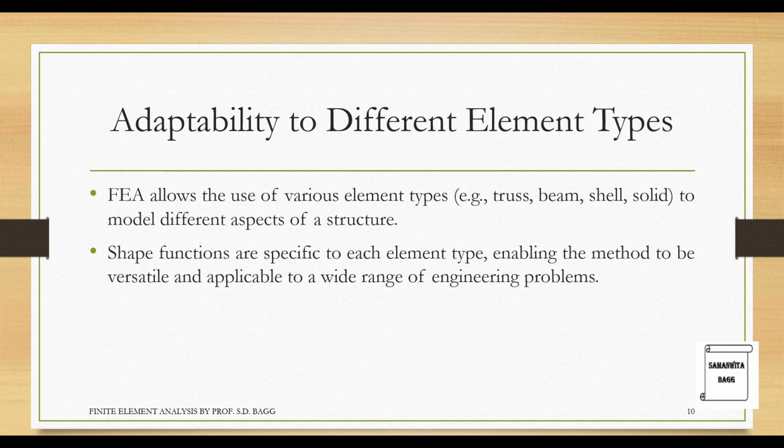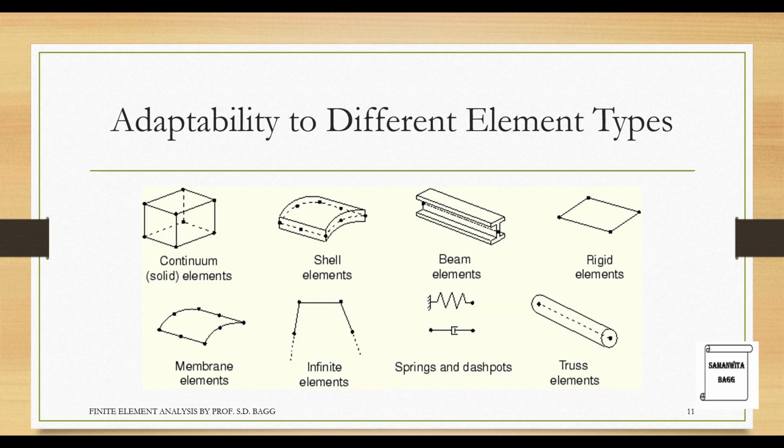Adaptability to different element types. FEA allows the use of different element types, for example truss, beam, shell, solid, to model different aspects of a structure. Shape functions are specific to each element type, enabling the method to be versatile and applicable to a wide range of engineering problems. So these are the various types of elements which are possible in FEA.